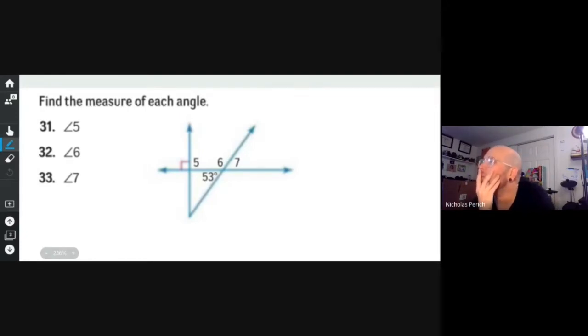Is anything else 53? Yes is the correct answer. And the correct angle is 7. Good, because these are vertical angles.